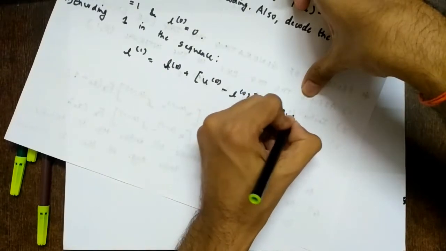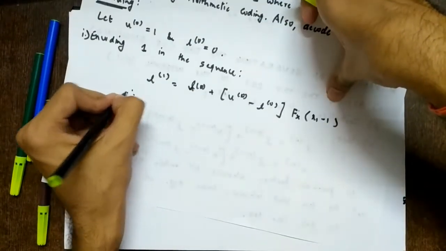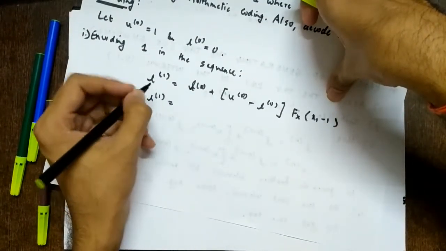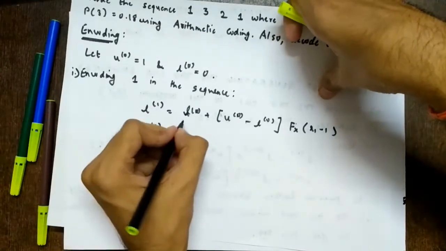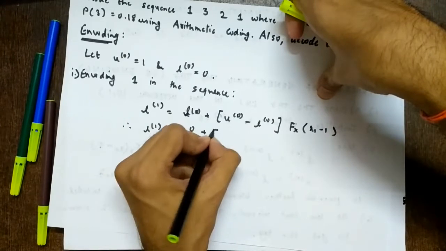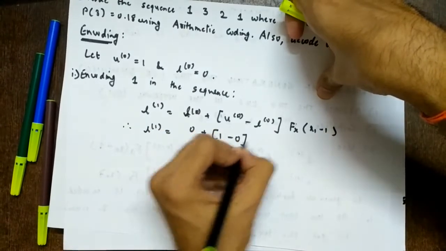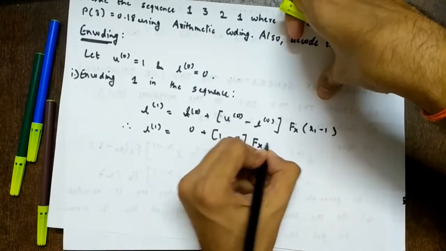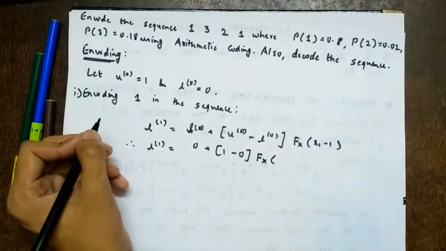Here, x of n minus 1 with n as 1 gives Fx of x1 minus 1. Therefore L1 equal to, what is L of 0? 0 plus, U of 0 is 1, 1 minus 0, Fx of x1 minus 1.